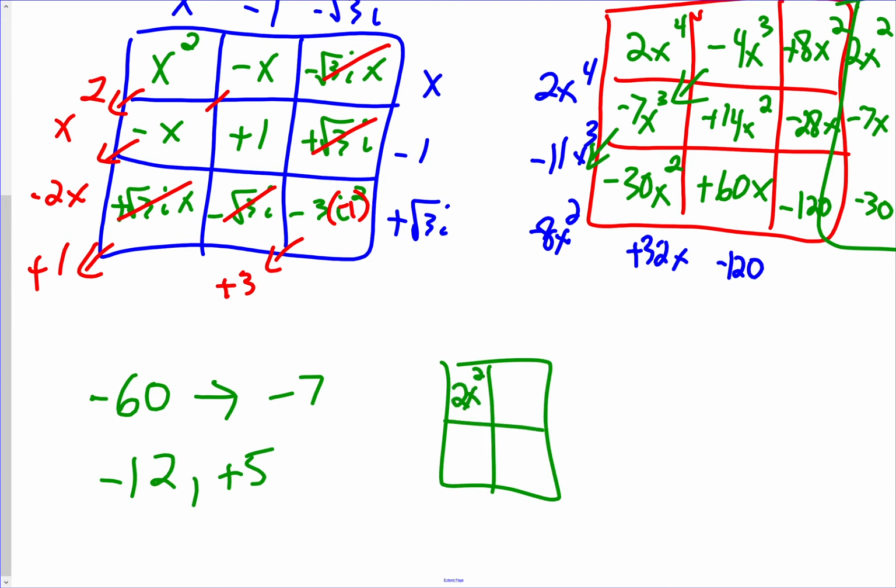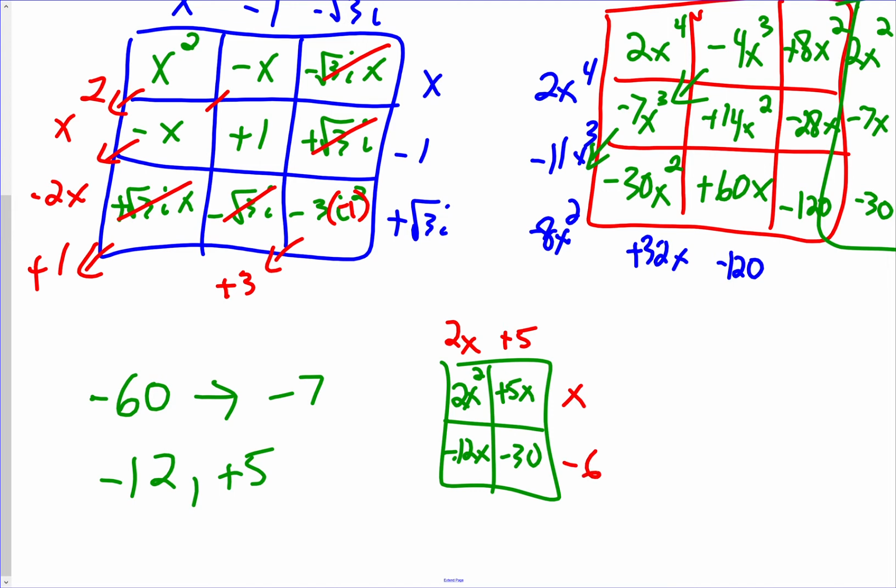I'm going to rewrite my negative 7x as positive 5x and negative 12x. And then we have our negative 30. So we find our common factors in our rows and columns. In this first row, it's 2x. First column. Second column, it's 5. First row, it's x. And the second row, it's negative 6.